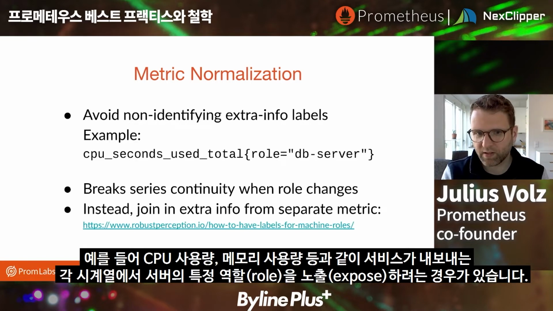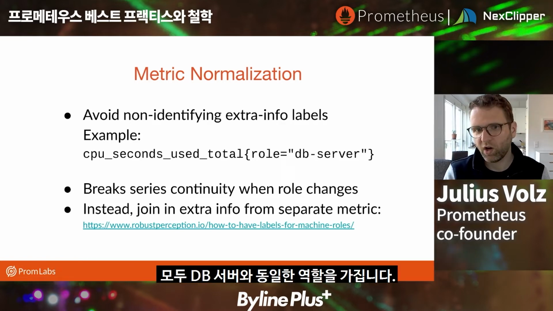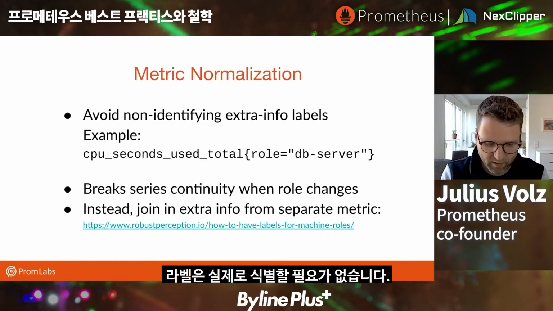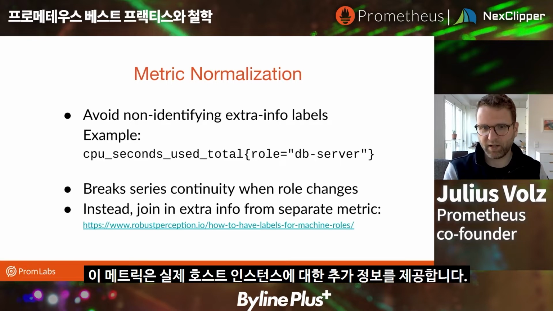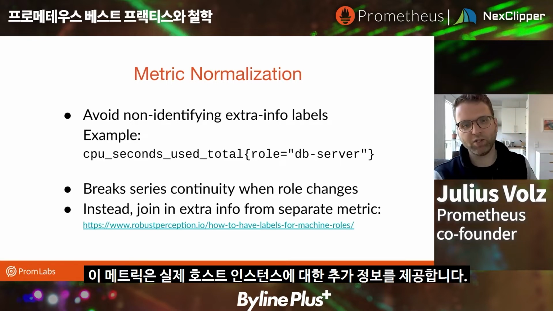Sometimes people want to, for example, expose the specific role of a server in each time series that server is exporting, like the CPU usage, the memory usage, etc. All would have a role="db server" label. And that's not actually needed to identify just that metric. It's just giving you a bit of extra information about the actual host, the instance it is coming from.